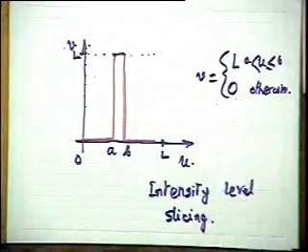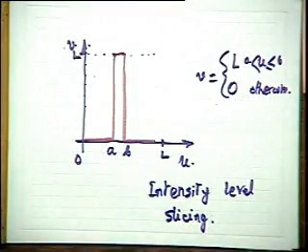All right. Now all the background information is lost. Can you tell me, if I want to highlight the intensity zone A to B, but at the same time preserve the rest of the background, then what type of transfer function should I use? Unity slope elsewhere. So instead of making V equal to 0 elsewhere, I should make V equal to U elsewhere. So the nature of the transfer function will be something like this.